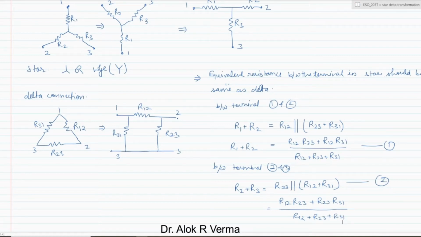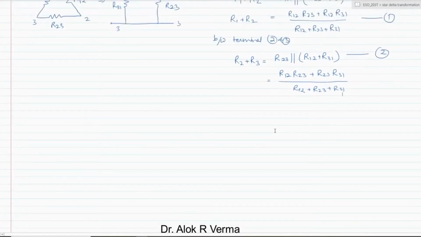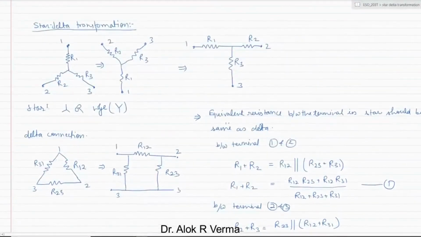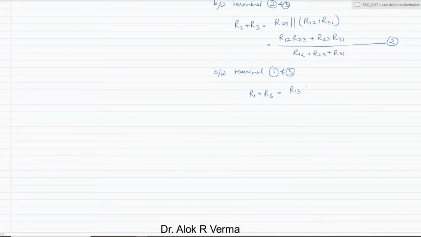In similar lines, if we write the terminals between 1 and 3, that will be R1 plus R3 in the case of the star connection. We can see here between 1 and 3, this is a series connection, this is floating, and that will be equal to R31 in parallel with R23 plus R12.